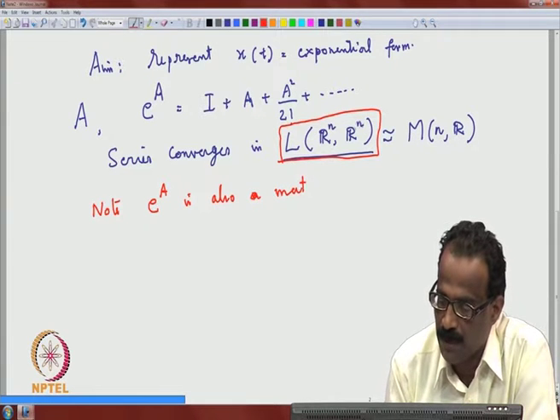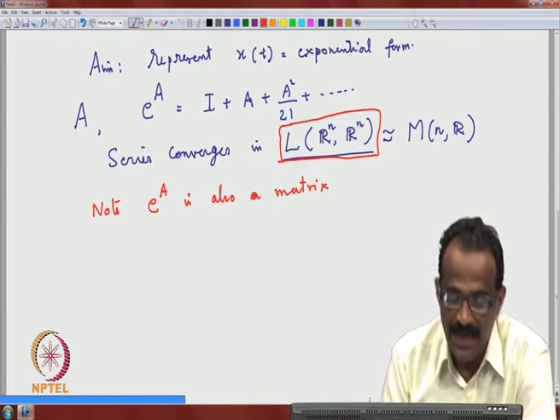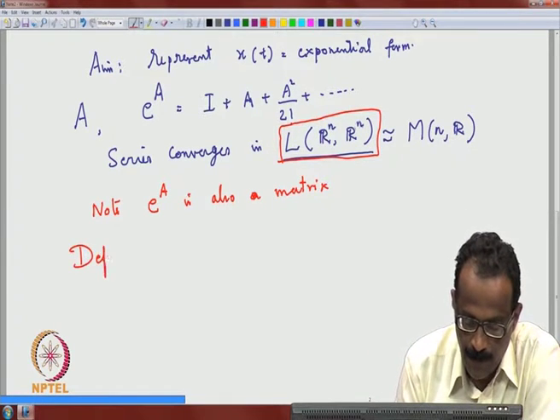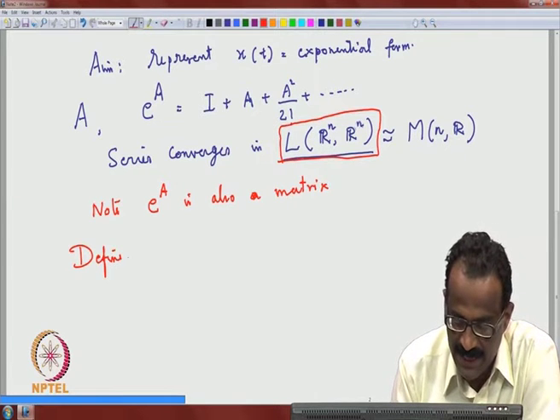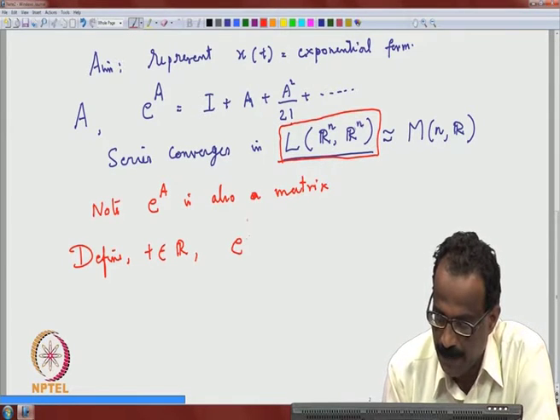That is the important part of it. Okay. So, you can define e power a. In particular, we can also define, for any t belongs to R, e power t a.